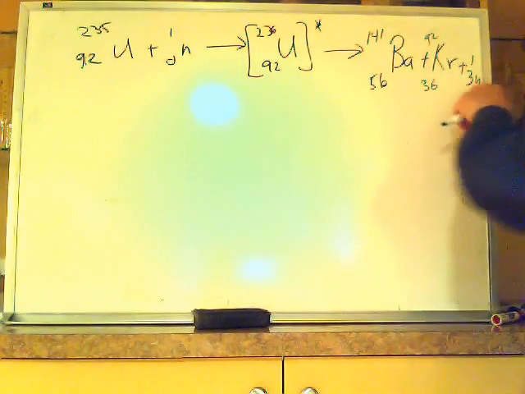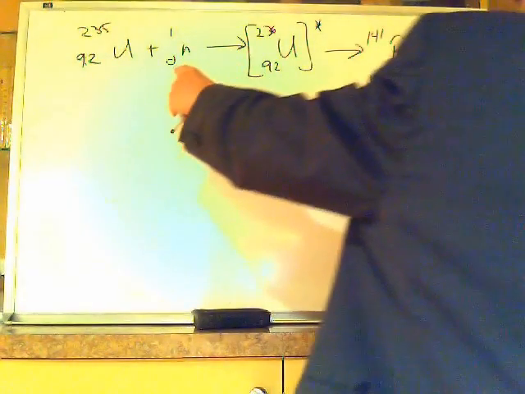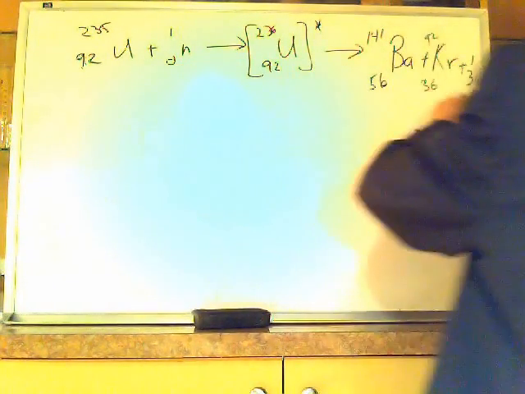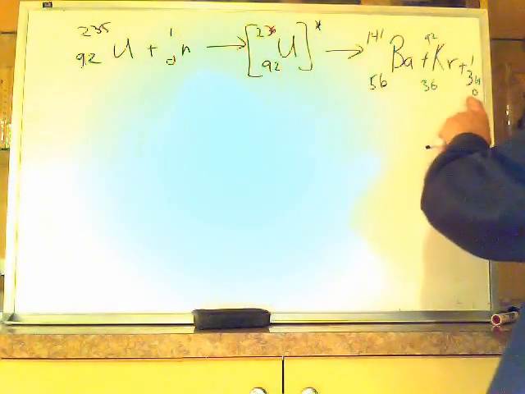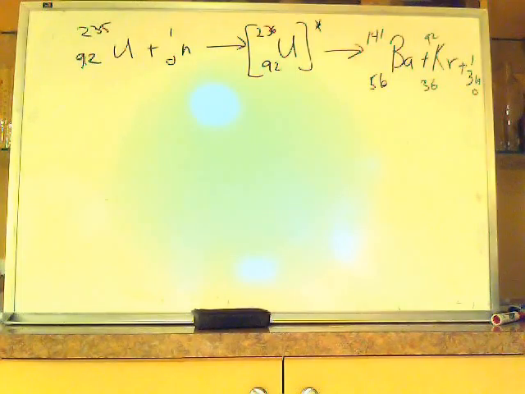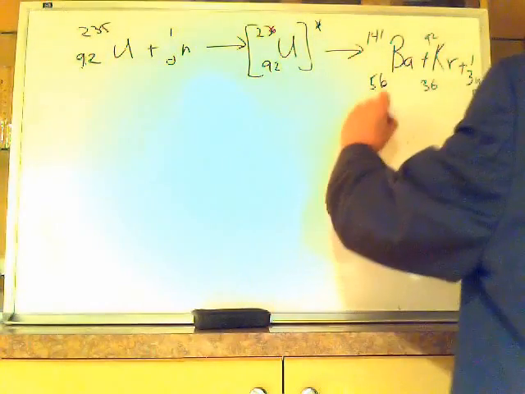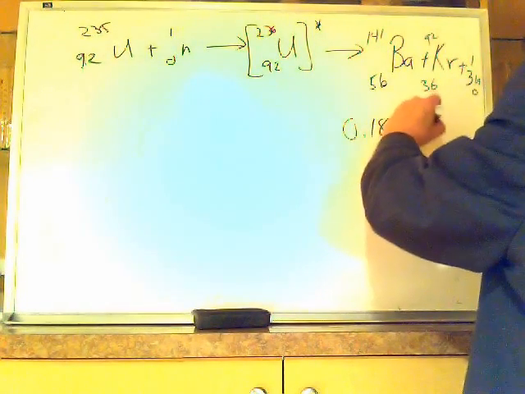Now we're not going to subtract 3 neutrons because we already put 1 in to initiate the reaction. So the net is 2 neutrons, 3 minus 1. So then we're going to subtract the 2 neutrons from that, and that gives us 2.01730 atomic mass units. And so the total mass loss in this is approximately 0.186 atomic mass units.